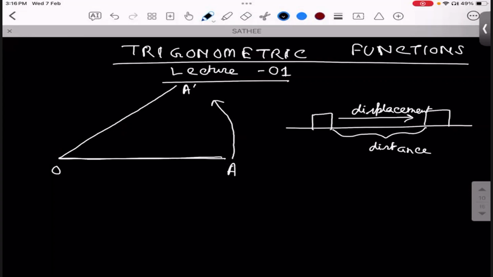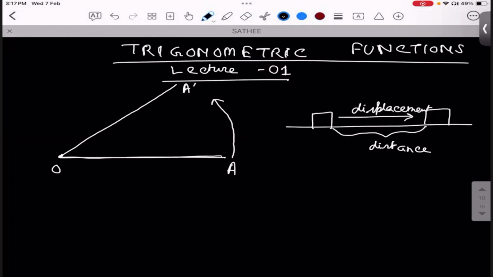Now what about this? Here you can see that this origin, that is the vertex, this point O, is fixed, but the point A is shifted to A dash in the anti-clockwise direction. So this measurement is considered as the angle.